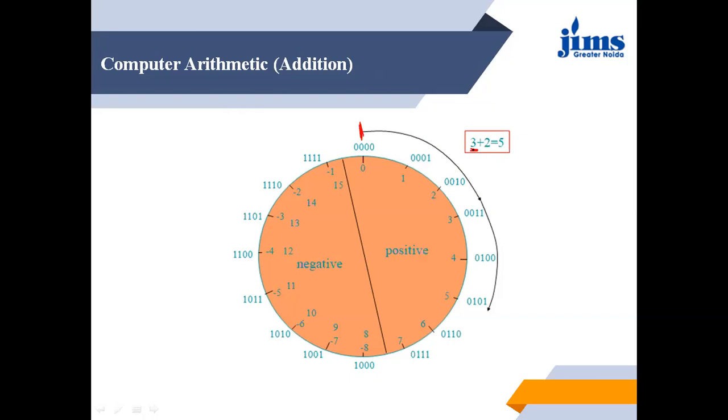So we have to add 3 over here. So access 3 steps from here. This is the first step, this is the second step, this is the third step. Now we get the first number. Now again we have to add 2 in this.